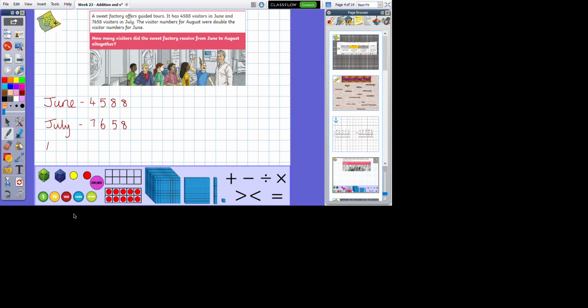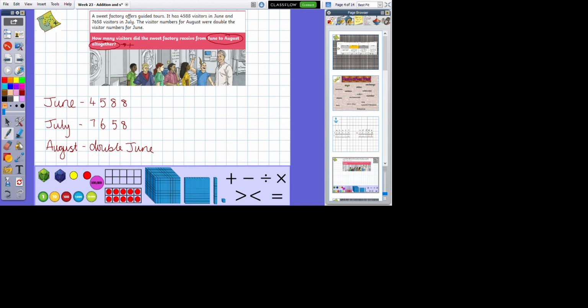In August, it was double June. And then I'm going to go back to my question. It says altogether from June until August. So the word altogether implies that I need to add. So it wants to know the total. So I've got a little bit of work to do before I can just add my numbers together.